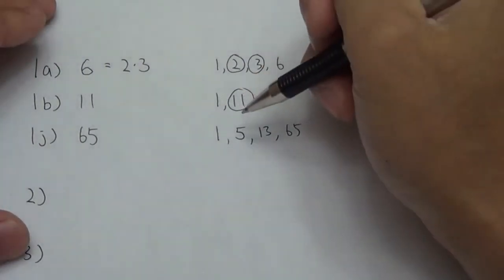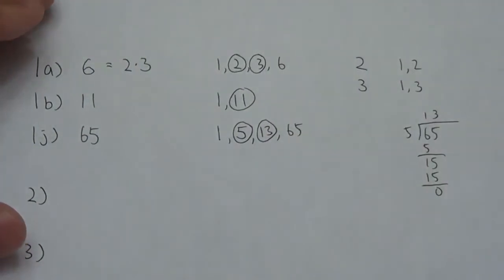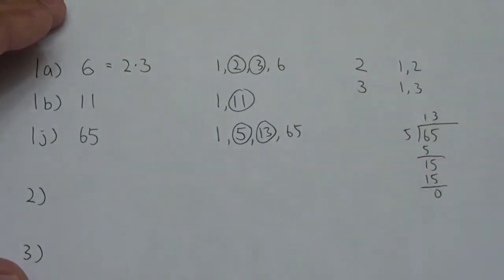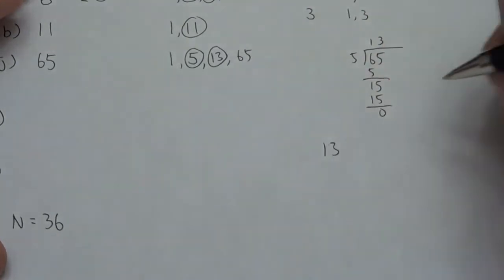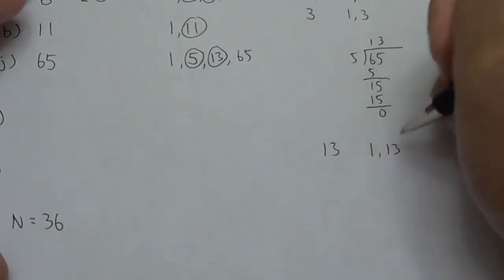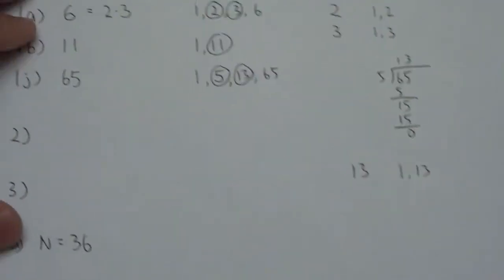Alright, now I just need to circle the prime numbers, which is the number 5 and the number 13. Again, if it's not obvious that 13 is prime, you would need to just go through the process to the side. 13, I know it's 1 and 13. And quickly I should be able to realize there are no other factors that will go with it. Alright.